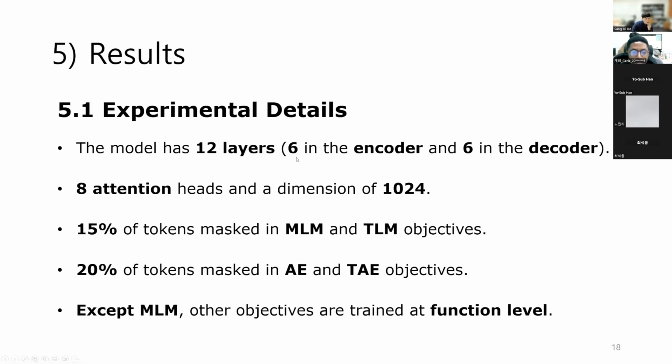The experimental details can be seen here. They use the original transformer network. Actually, it considers 12 layers, 6 encoder and 6 decoder layers.